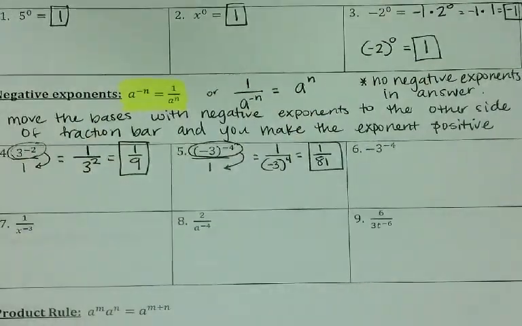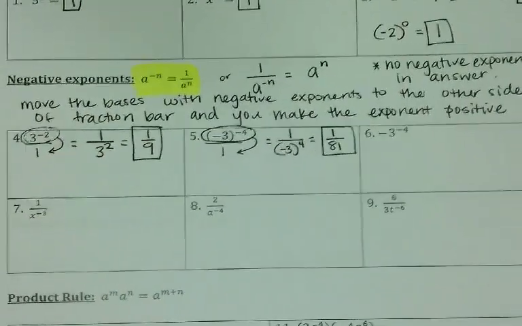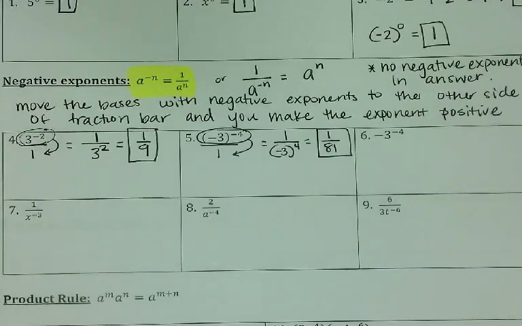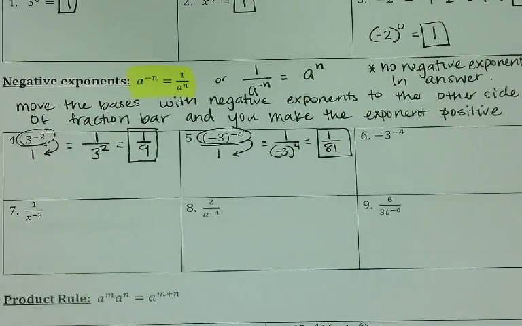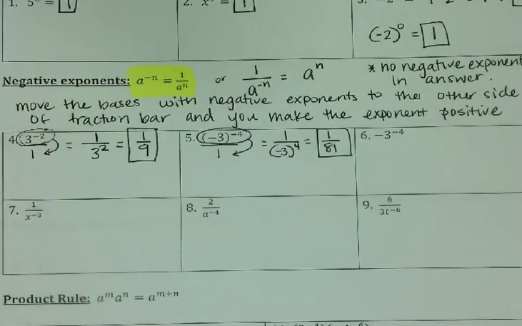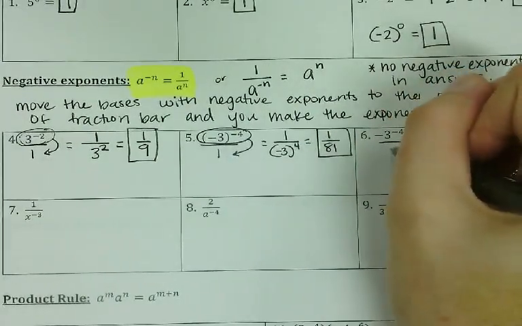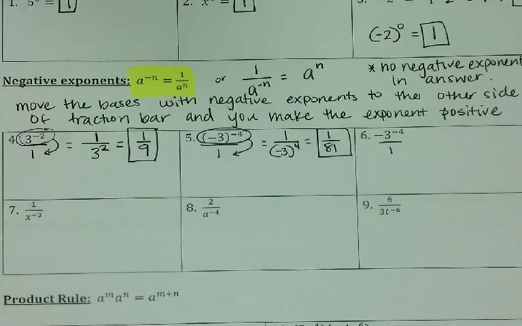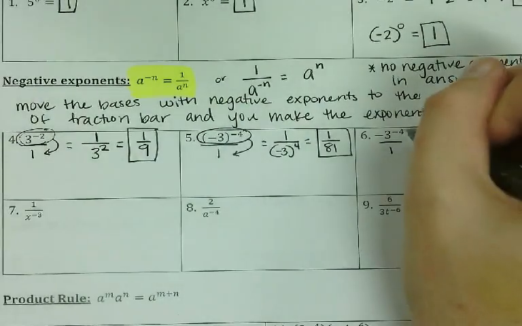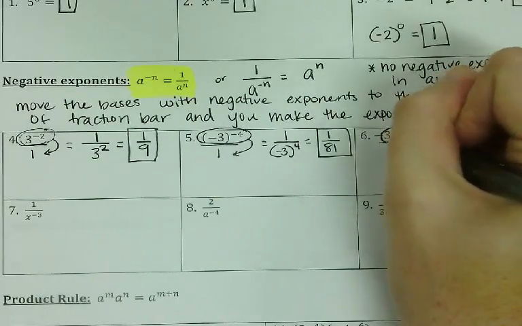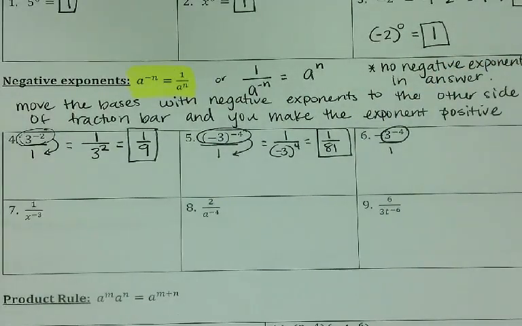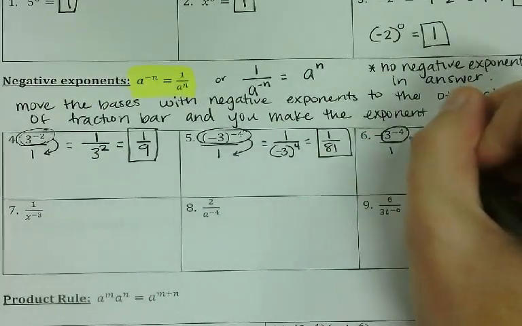Are you guys comfortable with this so far? If it's in the top of the fraction, you move it to the bottom of the fraction. But you only move what has the negative exponent. So for this one right here, there is no fraction bar, so I'm going to make one there, do it over 1. And this negative 4 power is only being applied to the 3. It's not being applied to that negative.